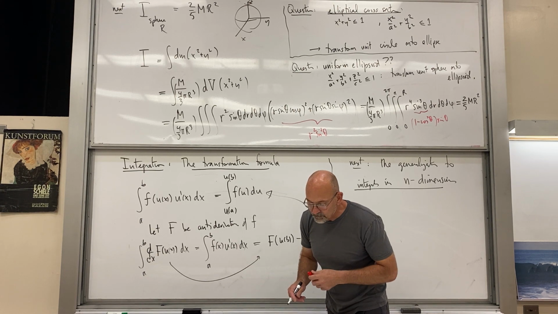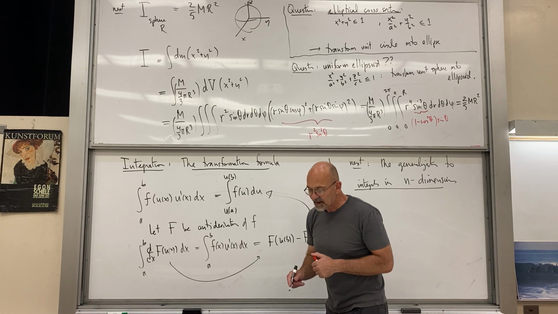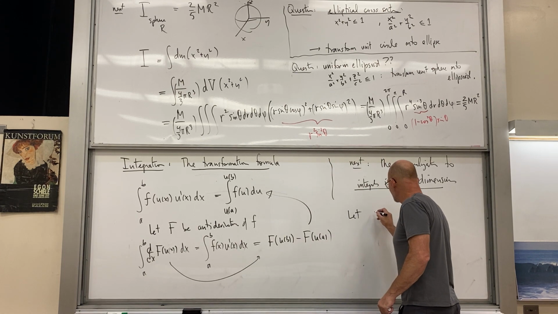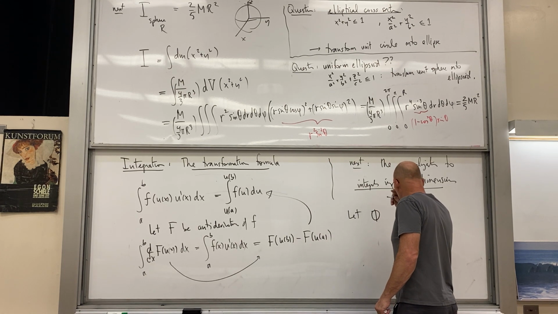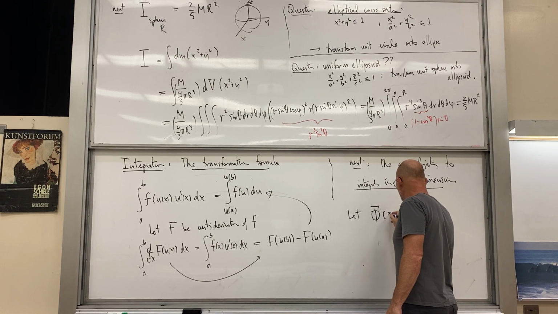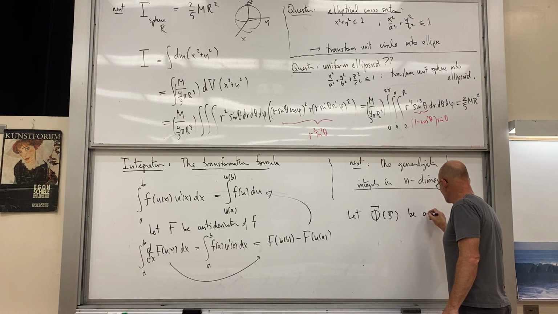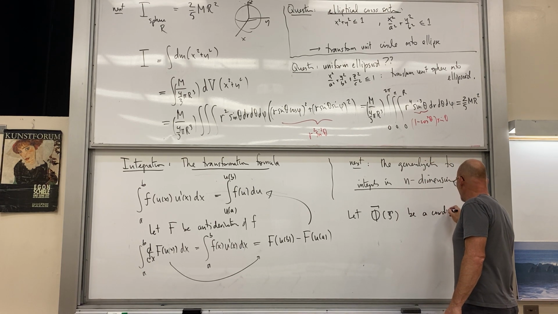Okay, so let phi, I'll call it vector phi, be a coordinate transformation, and I'll write it out.